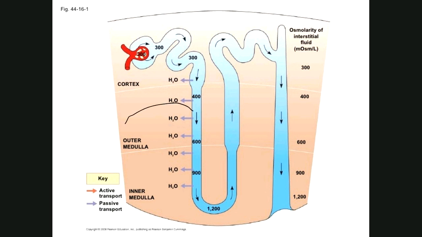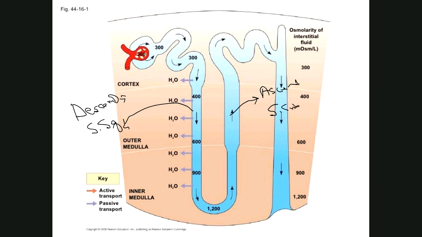The descending limb has simple squamous epithelium. But the ascending limb, look, it's thicker. The ascending limb has simple cuboidal epithelium.